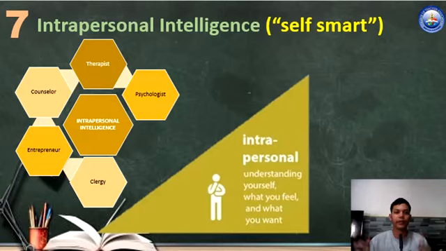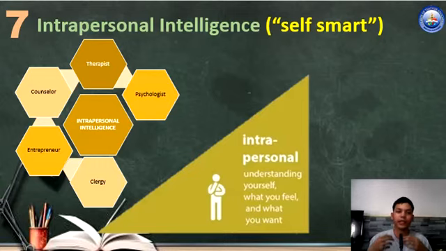And we also have here the intrapersonal intelligence, or what we call the self-smart. So intrapersonal intelligence is the capacity to understand oneself, to have an effective working model of oneself, including own desires, fears, and capacities, and to use such information effectively in regulating one's own life.